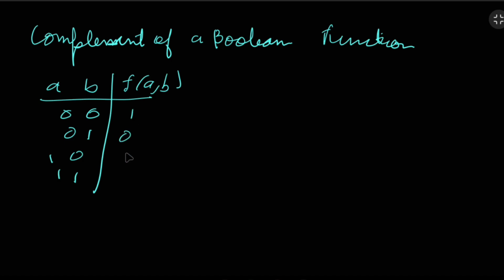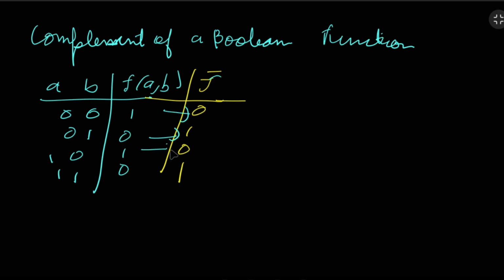Then tell me what will be the complement of this function, if we are looking for f complement. It will be 0 1 0 1. Quite simple, because f complement means for every combination it will be the complement: 1 complement 0, 0 1, 1 0, and 0 1.